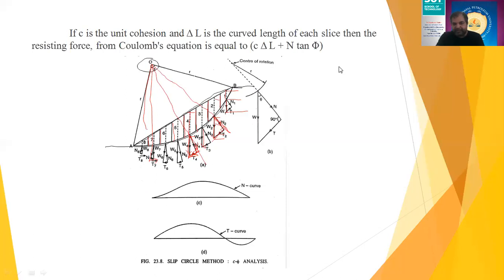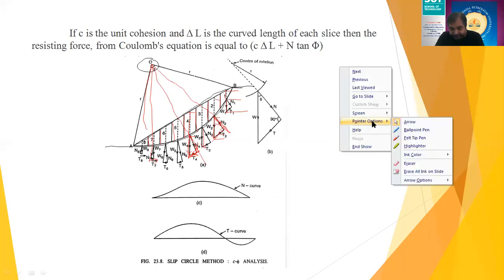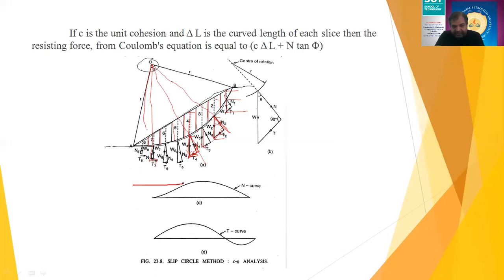You can see the pointer again, so you will realize how to do this. For example, I'm drawing the line like this, exactly this way. I'm just taking the projection. So this is the length of the line.